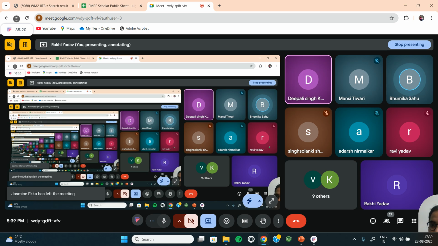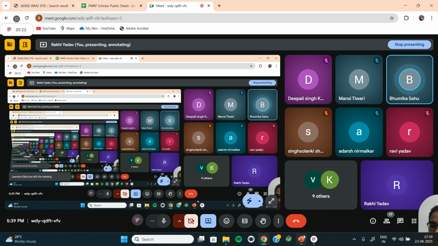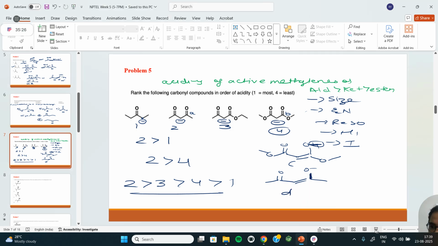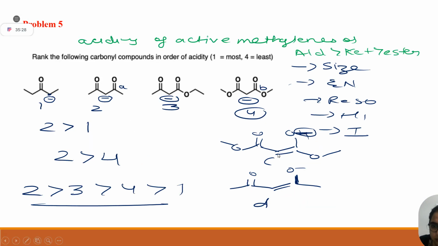Ma'am, a negative charge can be stabilized by conjugation as well, no? A lone pair can participate and stabilize it, then why are we looking only at electrophilicity? Okay, see, if you are talking about conjugation, here the conjugation is with carbonyl, and here also the conjugation is with carbonyl. But that is another factor, where we are drawing its resonance form.